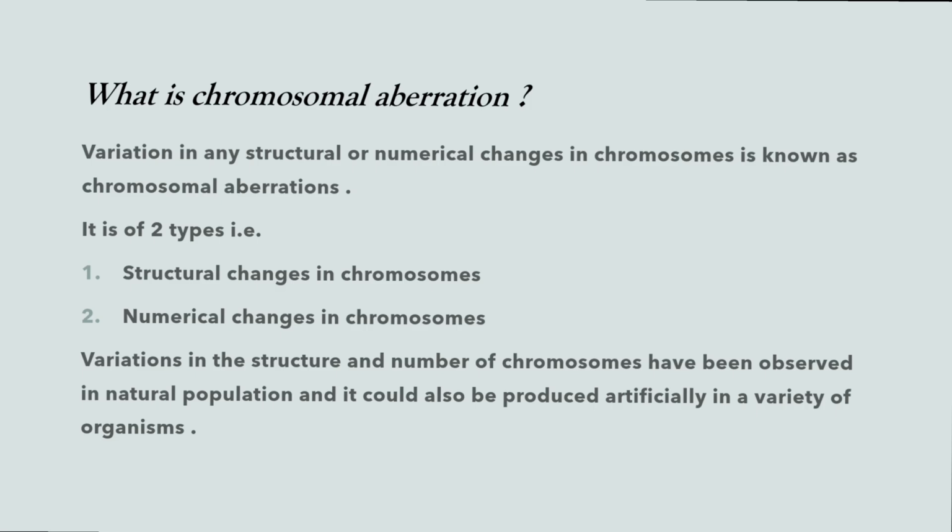And when the change is in the numerical positions of base pairs or genes, it is called numerical aberration. Variation in the structure and number of chromosomes has been observed in natural populations, and it could also be produced artificially in a variety of organisms.